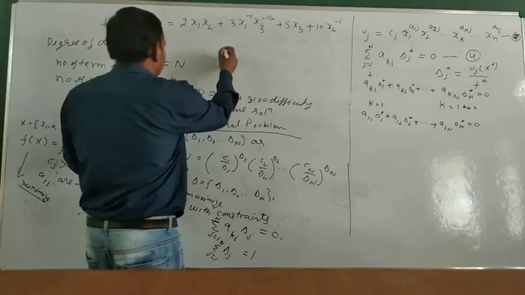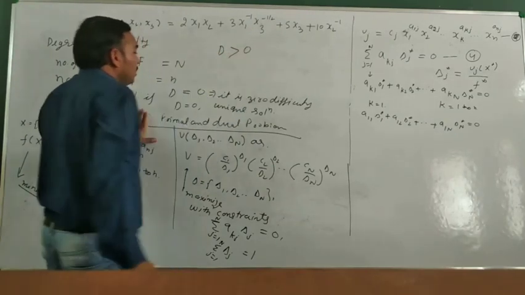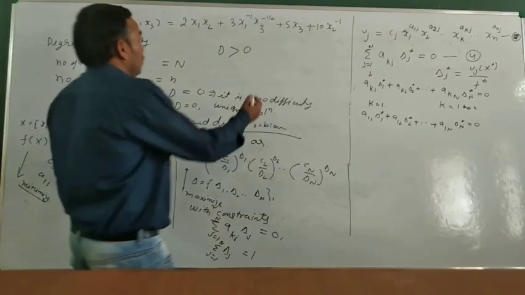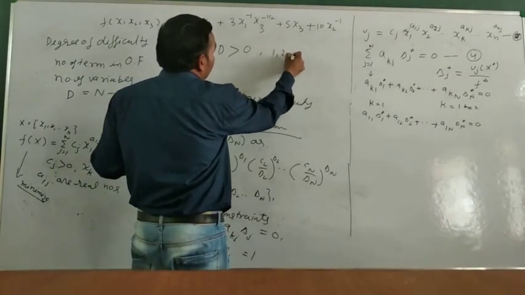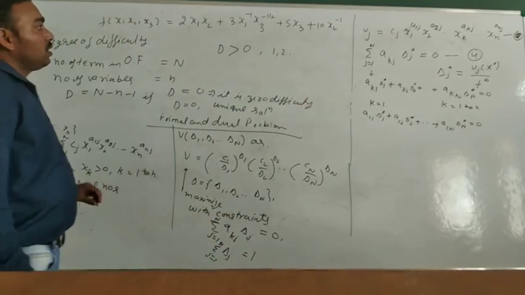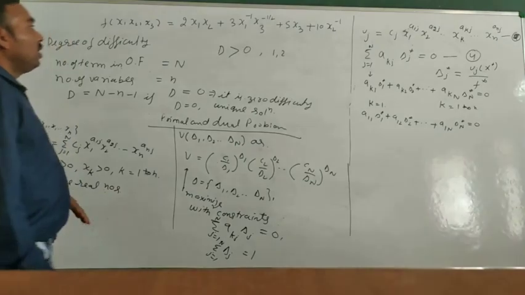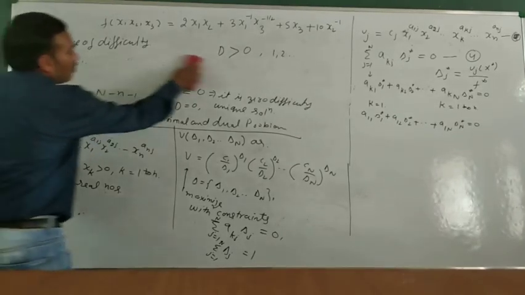If d greater than 0, say 1, 2, then it is the problem of difficulty 1, 2 and so on.